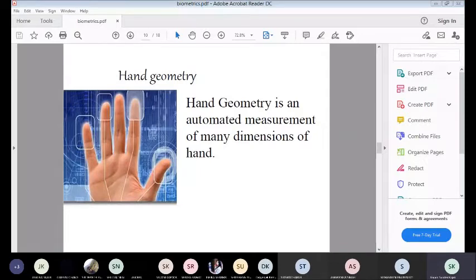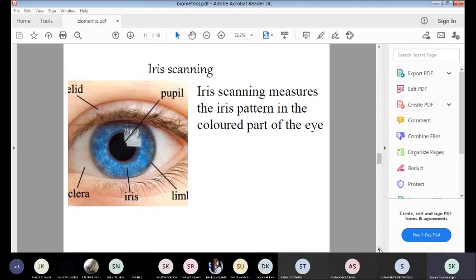If you are working in defense and country-related sensitive departments, hand or iris may be used for higher security levels, right? So the application depends on the level of security required. Maybe multiple biometrics we may be using somewhere. In the university, for faculty members' attendance, we are using thumb-based biometrics for daily attendance.